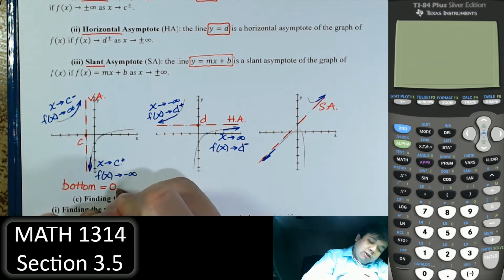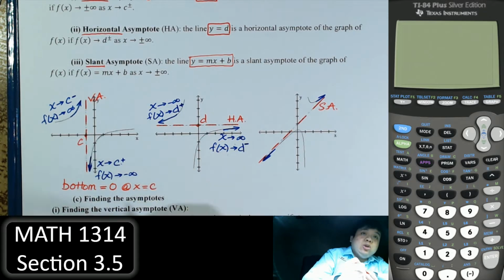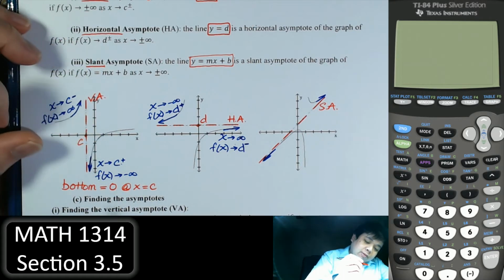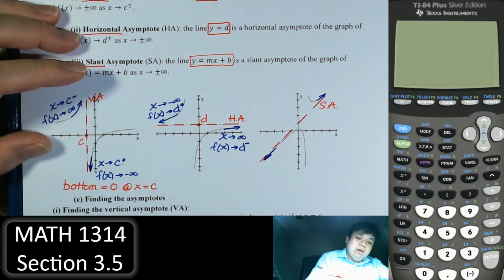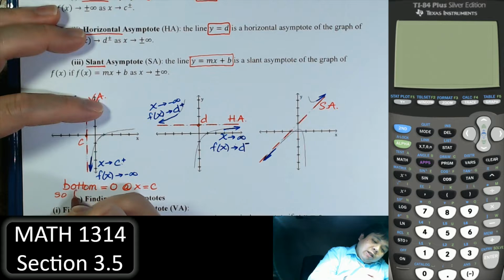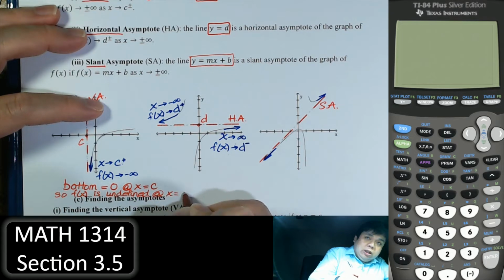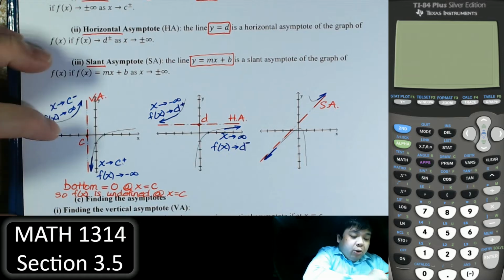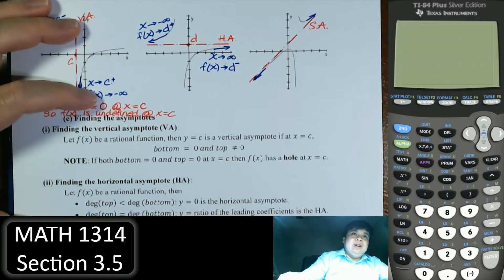Bottom equal to 0 for the vertical asymptote at x equal to c, so the function is undefined. This is only for the vertical asymptote, so f of x is undefined at x equal to c. So for a vertical asymptote, there's a gap in the function where the bottom equals 0.